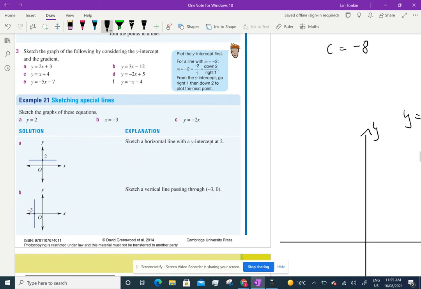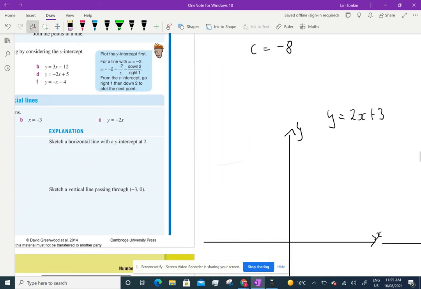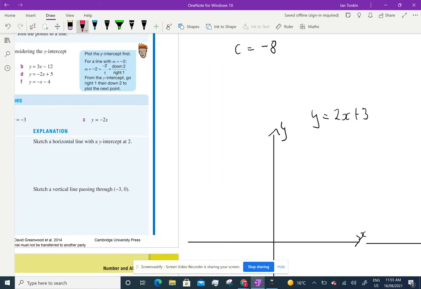So, what do I know about this? It's going to go through 3. So I'm just going to mark off a spot about where 3 is. Actually, get rid of that. I'll try and be a bit more accurate. 1, 2, 3. So there's 3. It's going to go through 3.